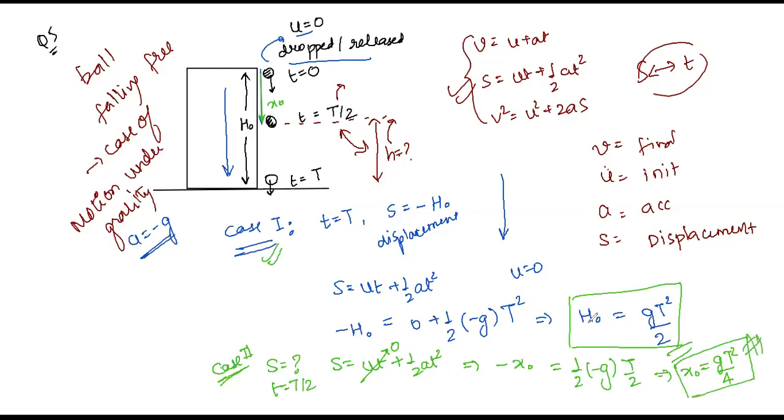Now relate the two expressions, as simple as that. See, we got h naught is equal to gt square by 2. This is the first relation we got using case 1. Then using case 2, we got the displacement of the ball, this displacement x naught, in time. Initially time was 0.